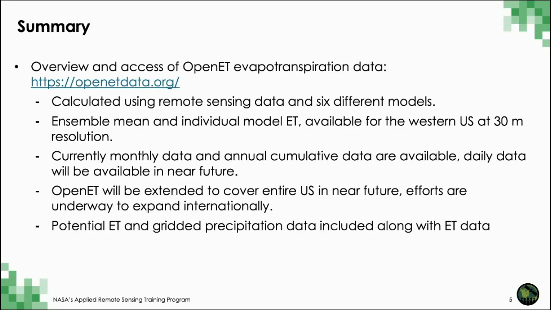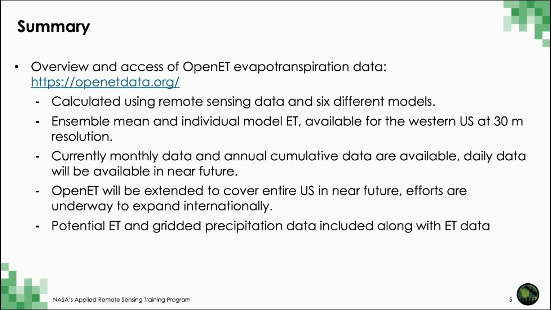So to summarize our overview and access of OpenET data that we saw in week 1, OpenET is calculated using remote sensing data and 6 different models. On the website, ensemble mean ET values are available and also ET data from individual models. These data are available over the Western US. The spatial resolution is 30 meters.